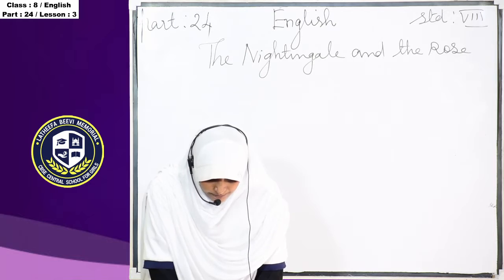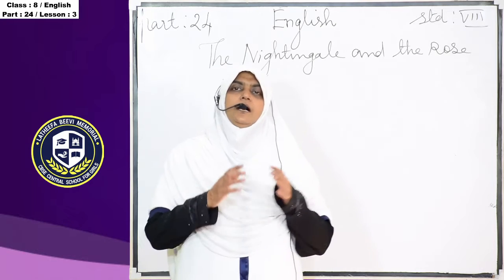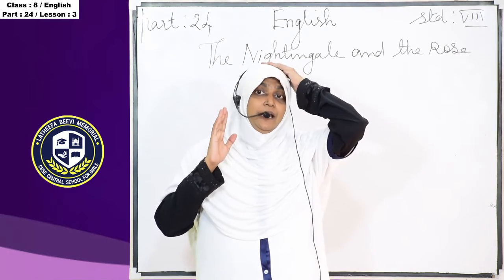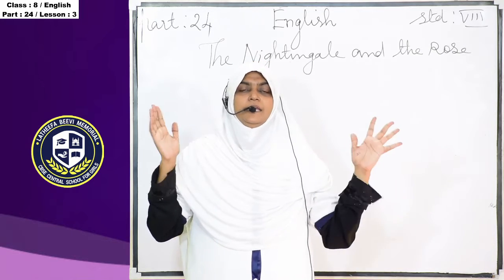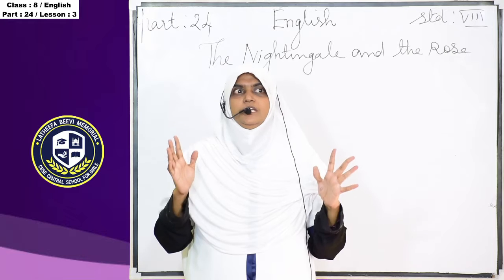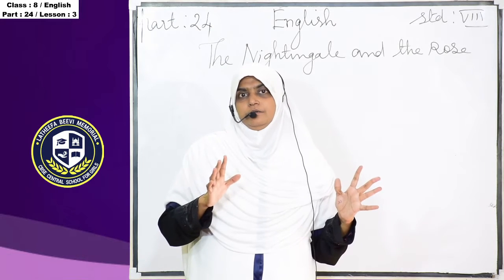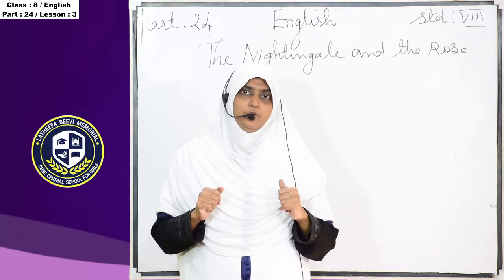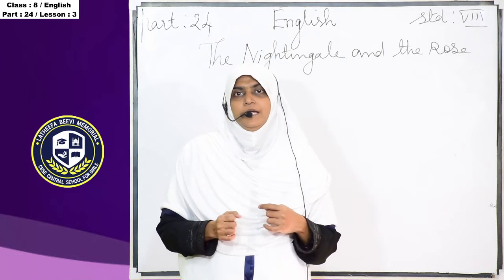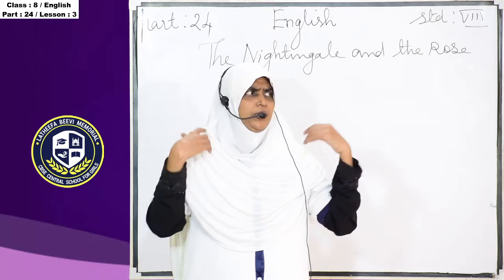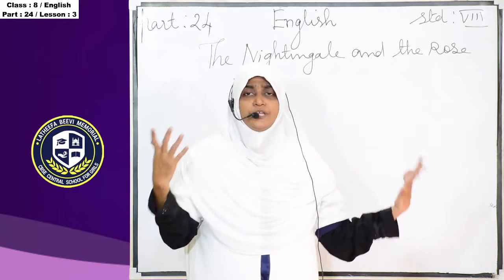The story is about the central character, the nightingale. It is a communication between nature and the human being, how nature was helping the human being. Understand? Nature means animals, birds, trees and everything.